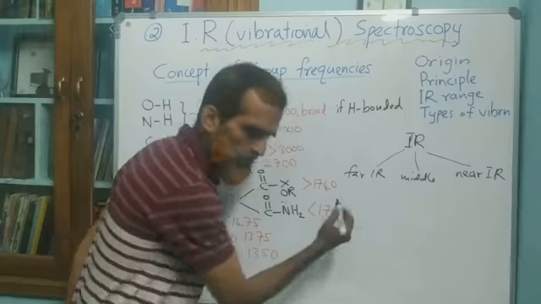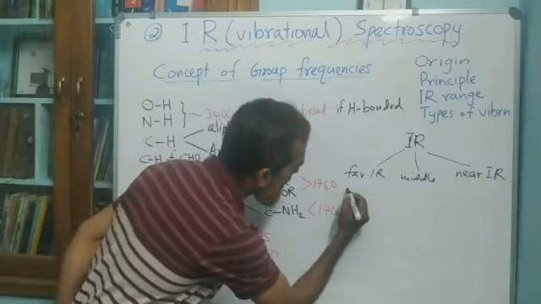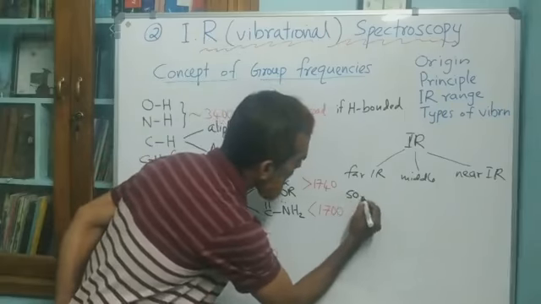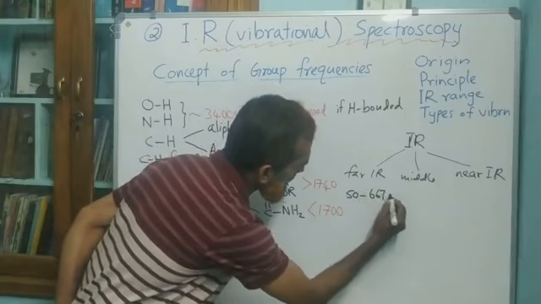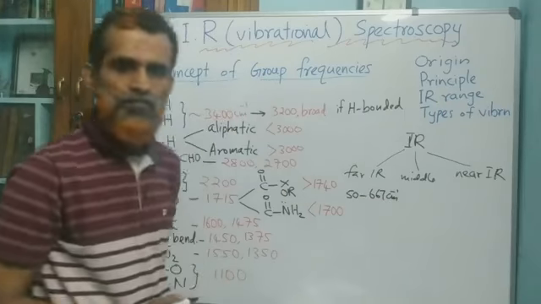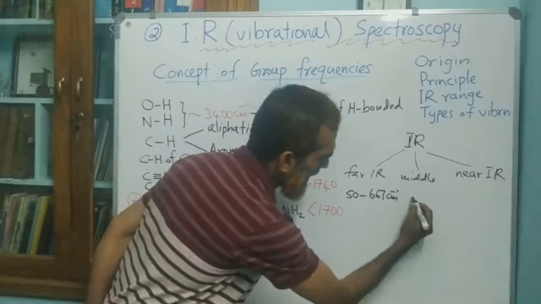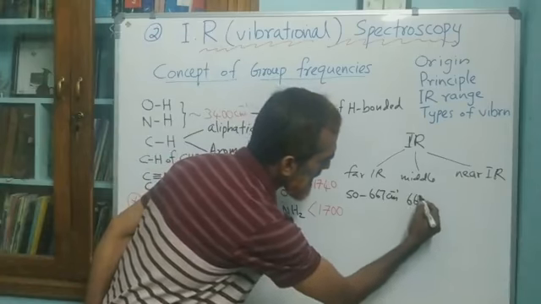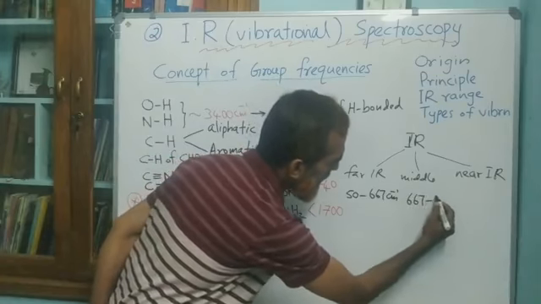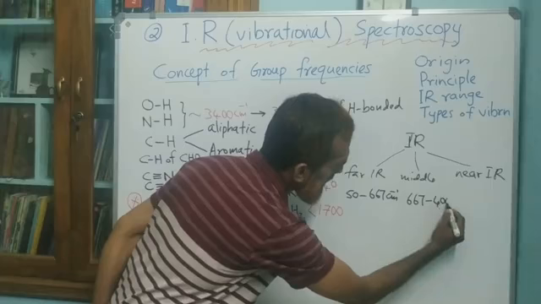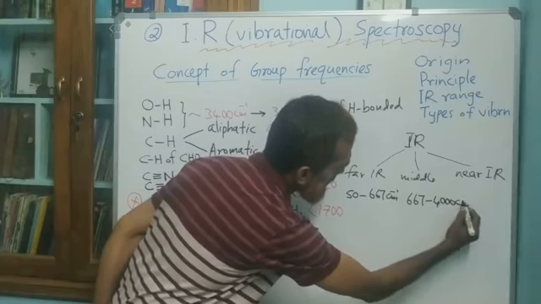Far IR ranges from 50 to 667 centimeter inverse. Okay. Then middle IR, that is most important, 667 or 700 roughly to 4000 centimeter inverse.